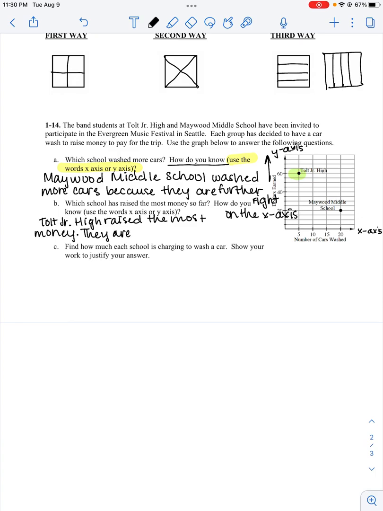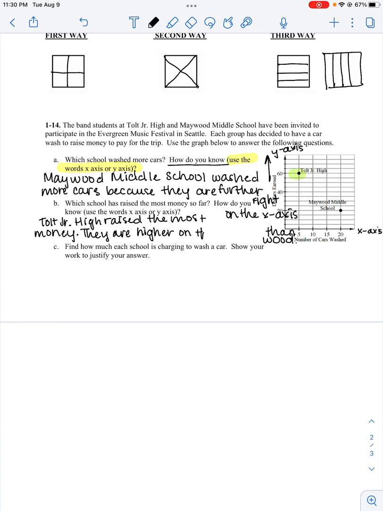They are higher on the graph than Maywood. Or I should say, instead of higher on the graph, I'm supposed to use the words X or Y axis.